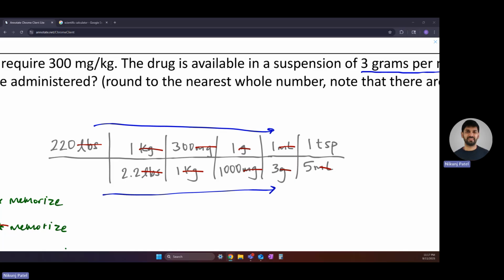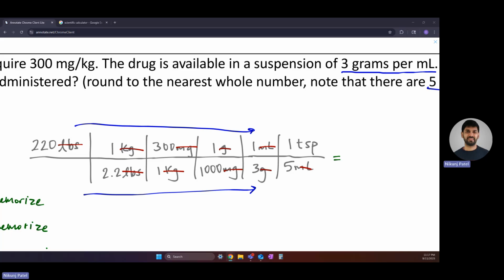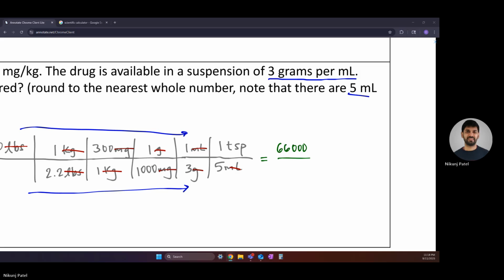Multiply across the top and the bottom here. When you do that, you should end up across the top with 66,000, and then across the bottom, you should end up with 33,000 when you multiply those out.